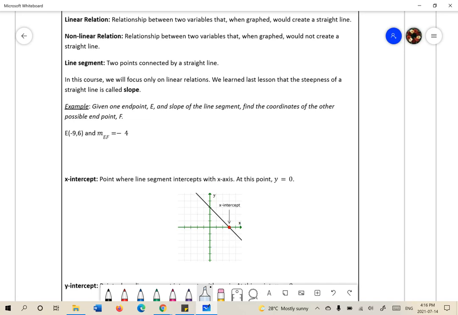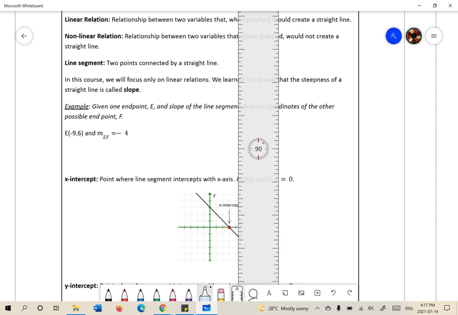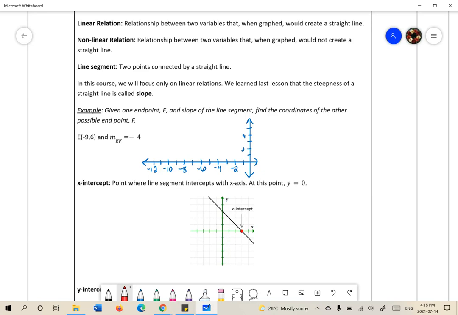Here's an example. Given one endpoint E and the slope of the line segment, find the coordinates of the other possible endpoint F. I'm going to first draw a Cartesian plane. Here is my Cartesian plane.